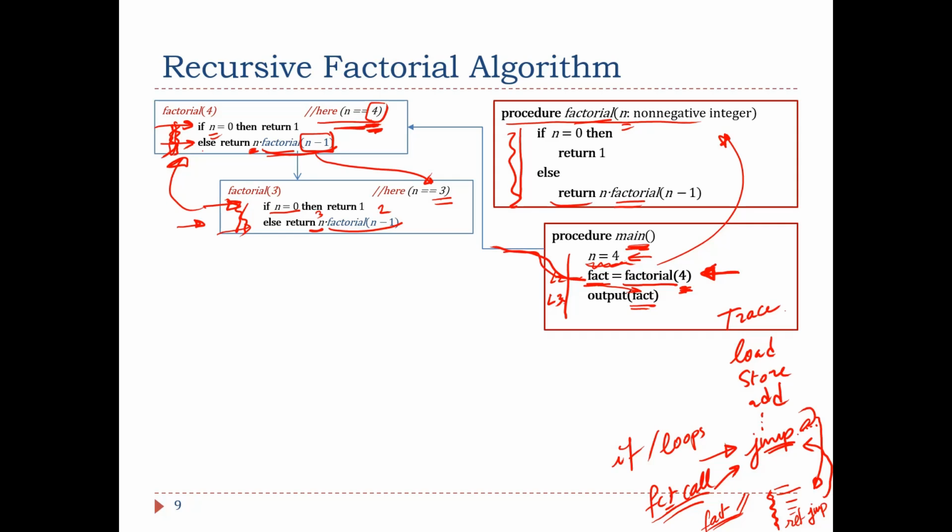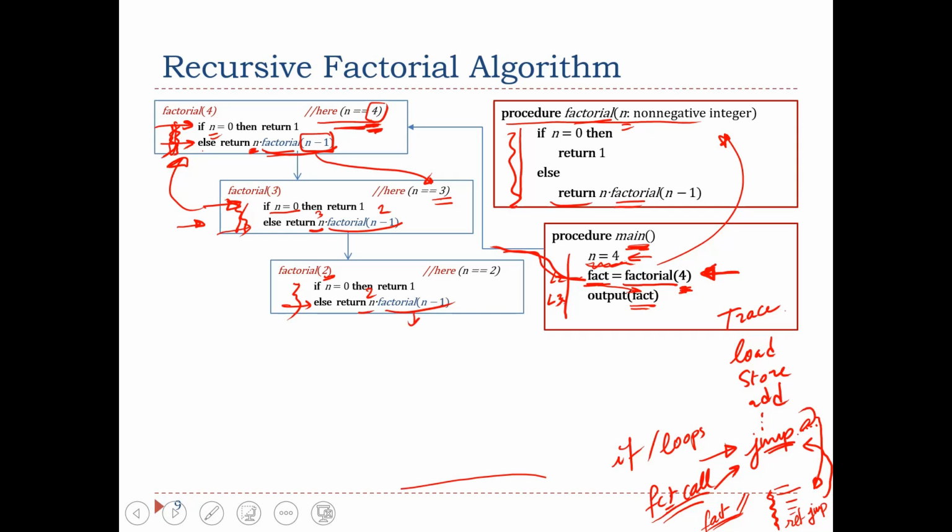To evaluate it, the CPU needs to make a copy of the code once again, somewhere in the memory, on top of the stack, and will pass 2 to it. So I think you got the idea. 2 is not equal to 0. We jump to this instruction. Now we have to multiply 2 by a value that we cannot evaluate right away. We need to actually make a new call.